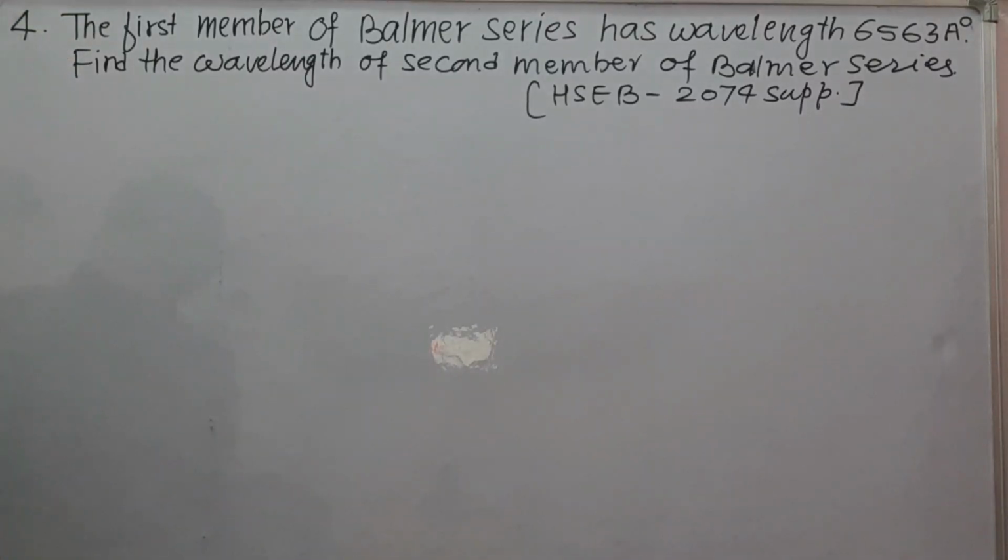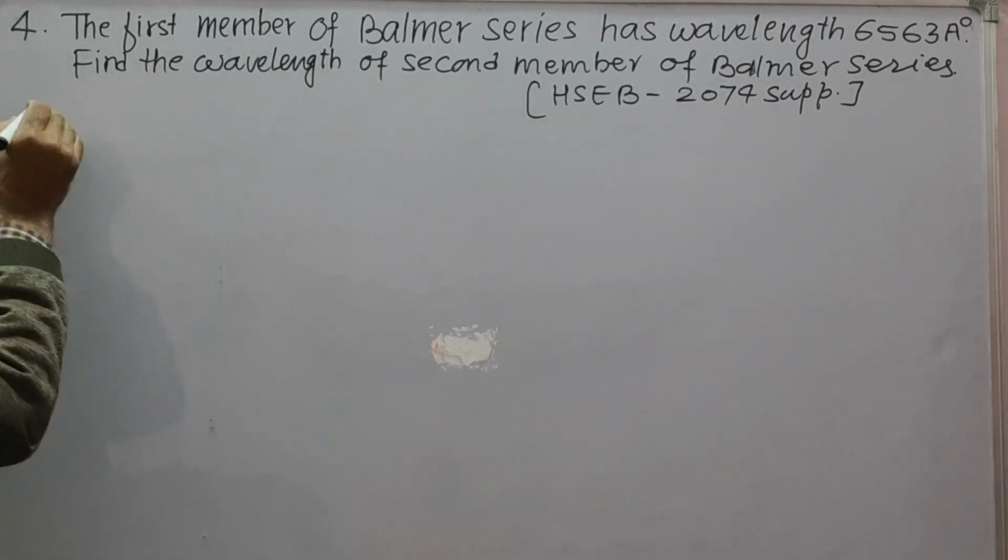Now question number 4. The first member of Balmer series has wavelength 6563 angstrom. Find the wavelength of second member of Balmer series. Now solution.